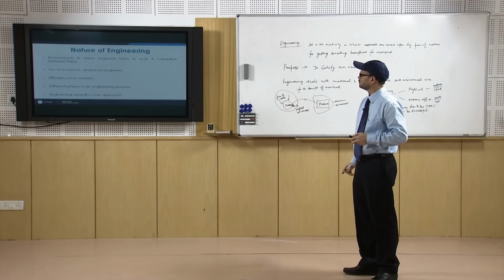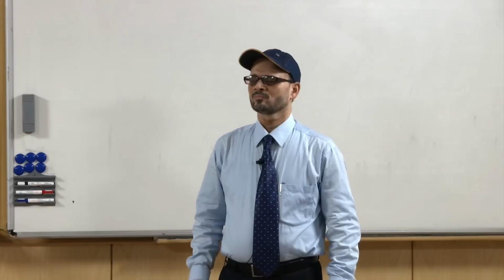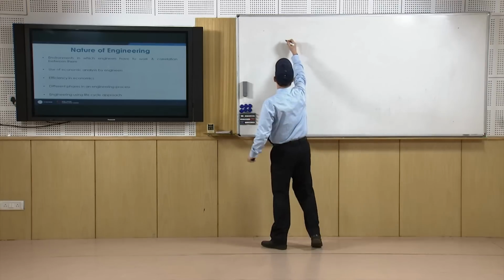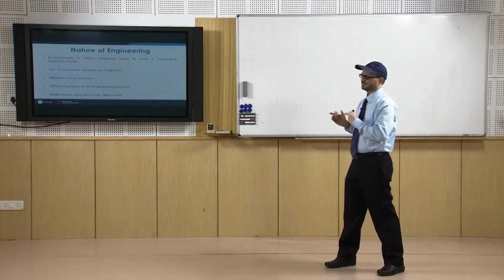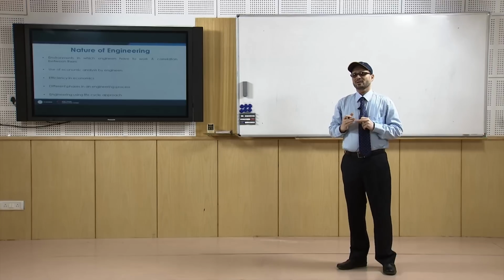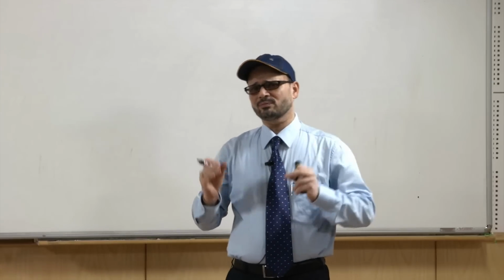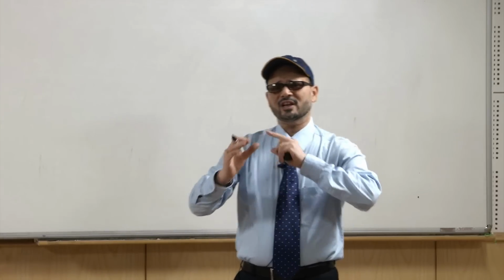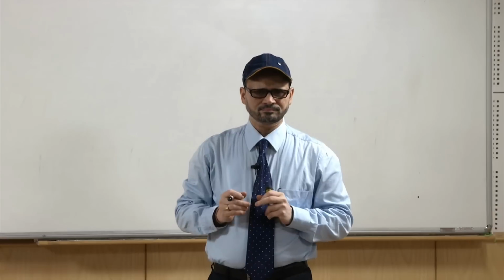Now, we will talk about different phases in engineering process. By this we mean that, as we have discussed, when we have the materials and the forces of nature work on them, basically you get an end product which has utility.